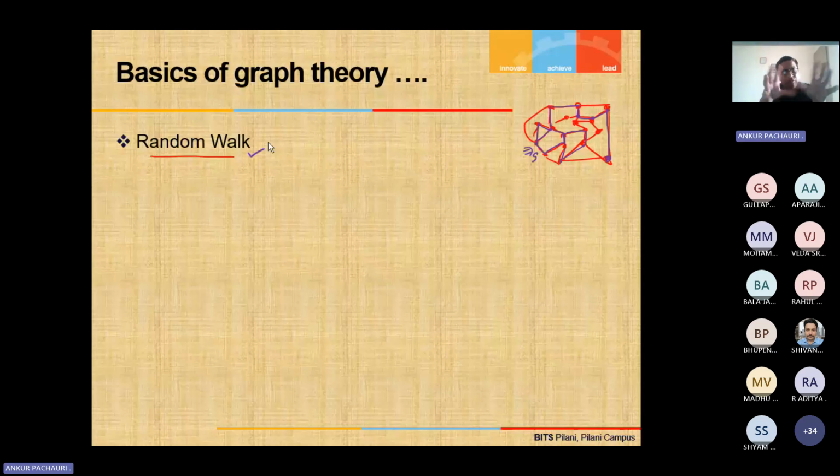You may like it or not. Sometimes you watch the initial few seconds and then scroll up again. That can be considered as a walk.